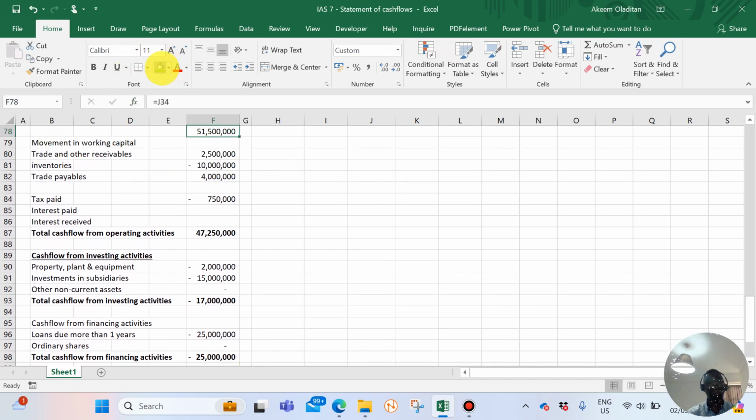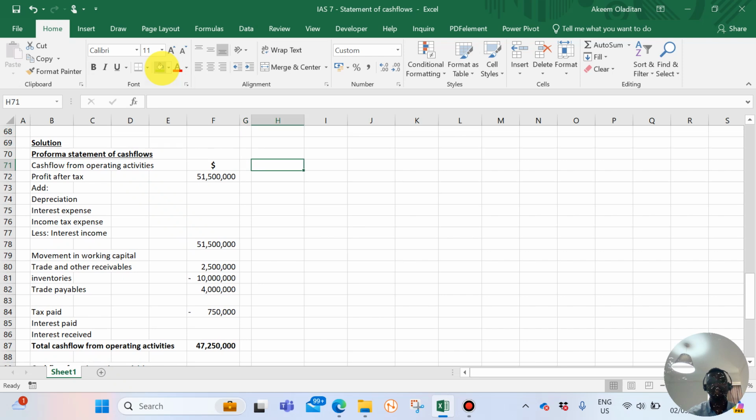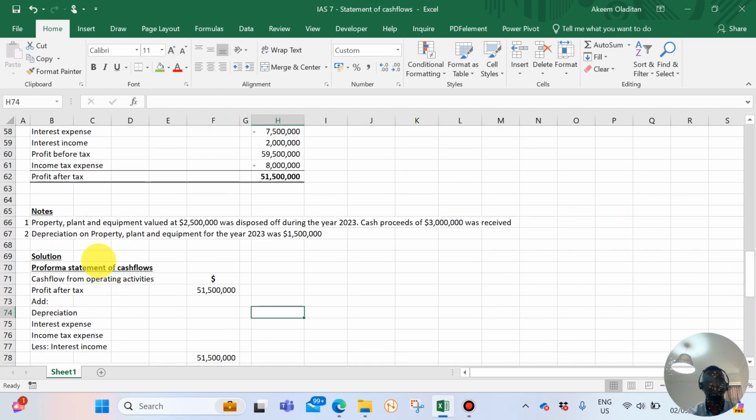We now need to start passing those journals, but I'll strongly suggest that each journal should go on a separate column. Any of the additions, like this adjustment for depreciation, the question says depreciation on property, plant and equipment for the year was 1,500,000.